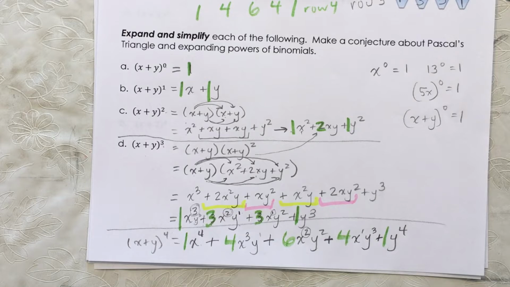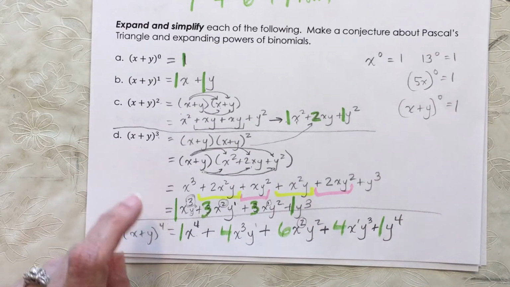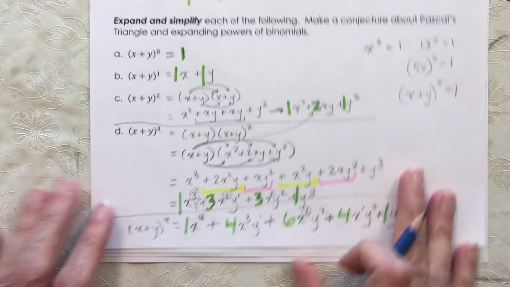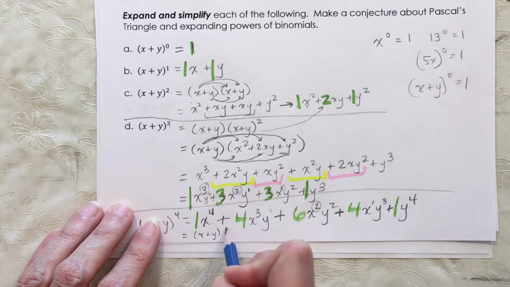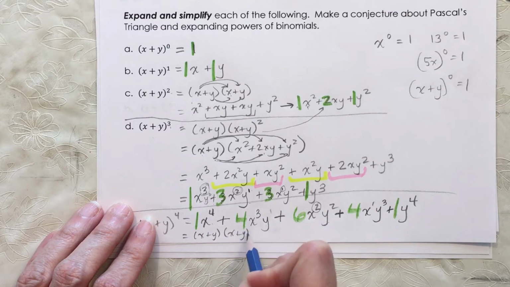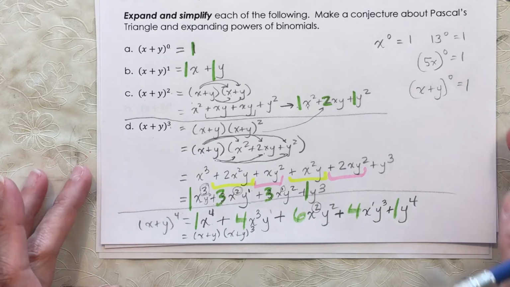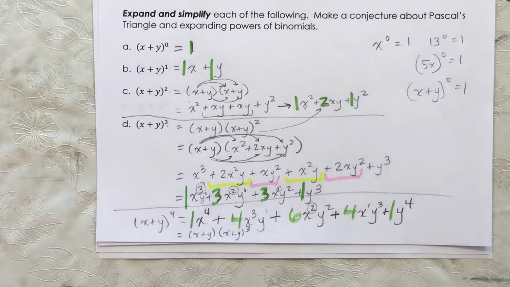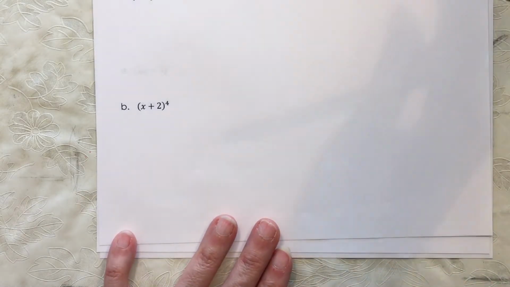So if you were to expand that out using FOIL, doing x plus y times x plus y cubed and doing all that FOIL, this is what you would end up with. So it's a pattern that follows from Pascal's triangle, which saves you a lot of time in doing a lot of FOILing to get there.